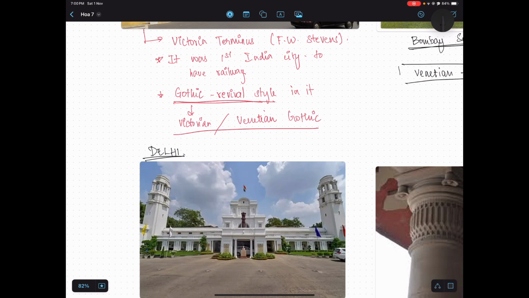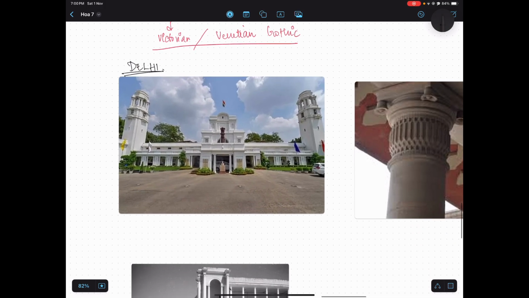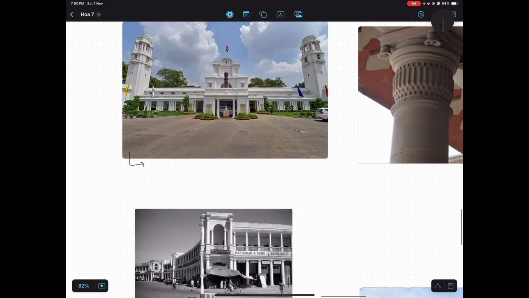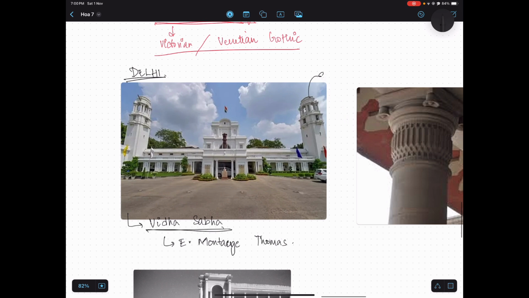And some of the important buildings that they designed is, so this is Vidhan Sabha, or the Old Secretariat, or the Legislative Assembly, and this was designed by E. Montague Thomas, and this is flanked by two minarets on both its ends, and this set the example of how bungalows are built in the upcoming time.